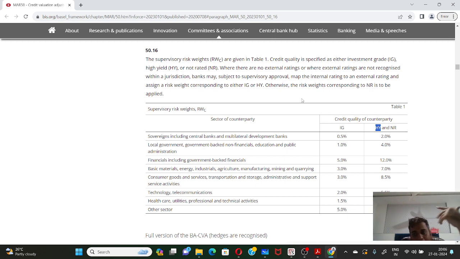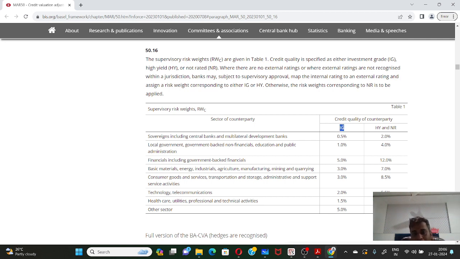So India will be classified as high yield. I don't know exactly, maybe investment grade is something above double A, but just for the sake of discussion, let us assume that triple A and double A are investment grade, which is higher quality.